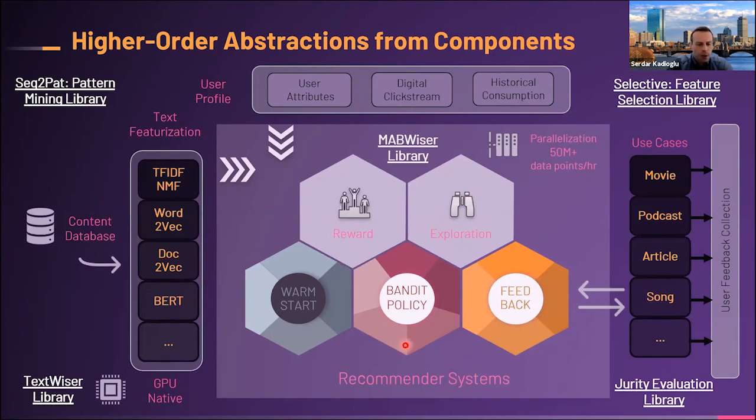It is based on the user profiles for which we can do pattern mining, as well as content features that we can use with text featurization and feature selection, as well as the evaluations that we can do to understand the performance of our system. And these libraries and techniques could be useful in general. They are general algorithms from pattern mining, natural language processing, and feature selection. And I hope these could become helpful in your own applications as well. And that concludes my talk. I'd like to thank you very much for your attention and I'm happy to hear your comments and questions.